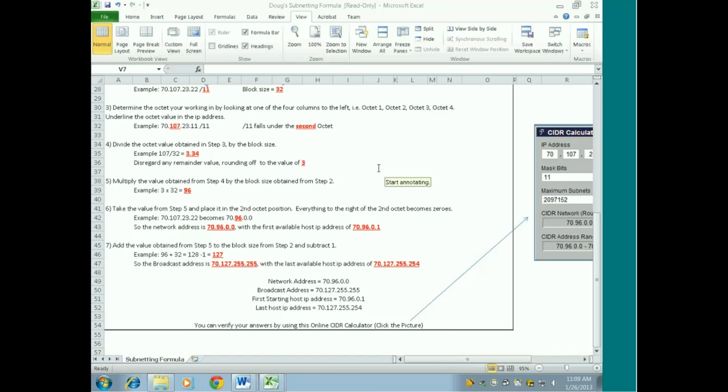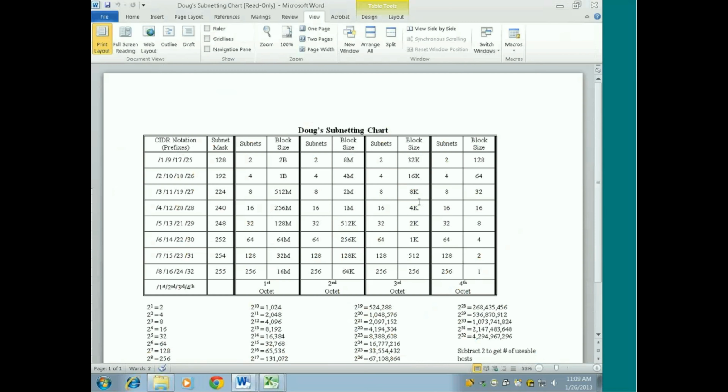Look to the left, find /11, right? If you're not seeing it, look up here at the overhead. Didn't we say we're in the second octet because we're in a /11, right? How many hosts in a /11 network?